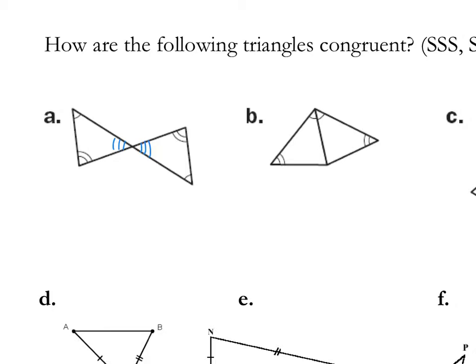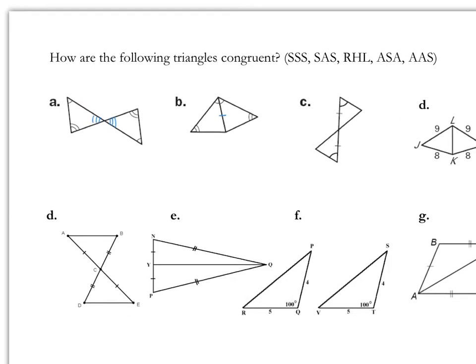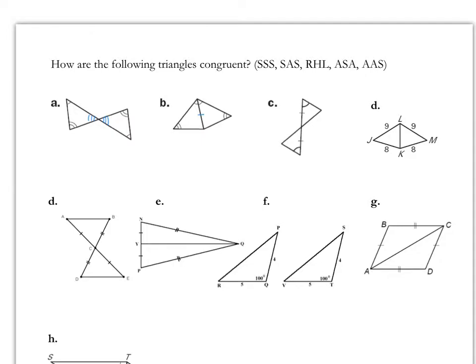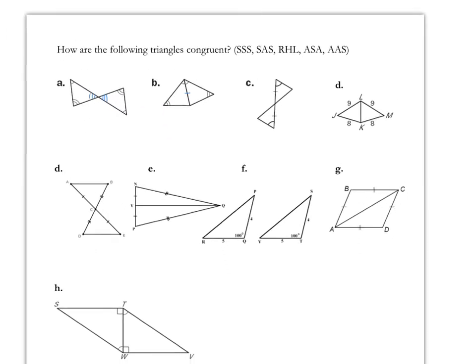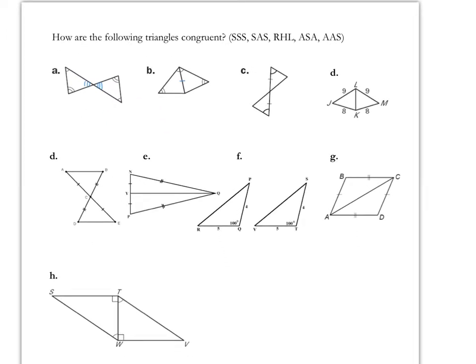Could be an additional tick mark. So look for vertical or reflexive. Those are the 2 things that you can add in to all of these pictures. You will probably have to add them in on most. And then write down the following shortcuts: side, side, side, side, angle, side, RHL, ASA, AAS. And then check them with mine.